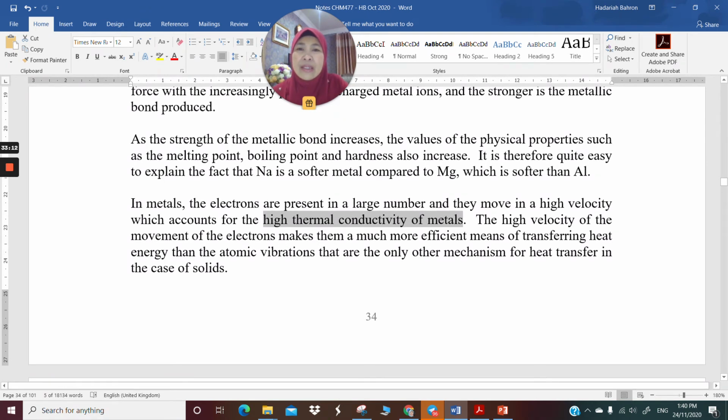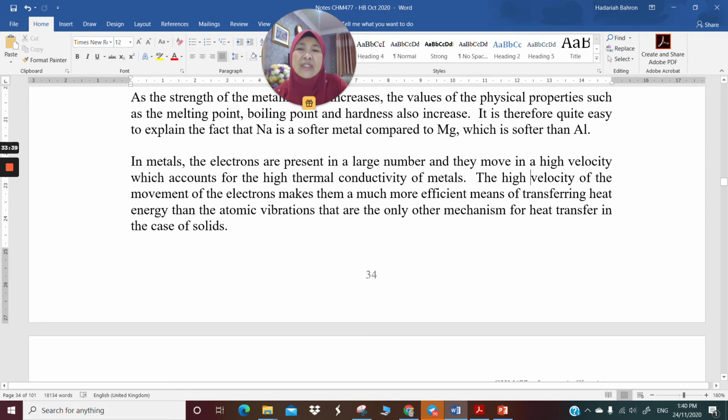Because of the mobility of the electrons, metals have very good thermal conductivity and very good electrical conductivity. The high velocity of movement of the electrons makes them a much more efficient means of transferring heat energy, compared with atomic vibration, which is the only other mechanism for heat transfer in other solids.